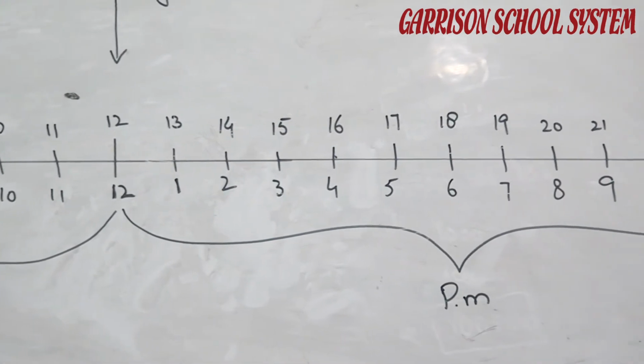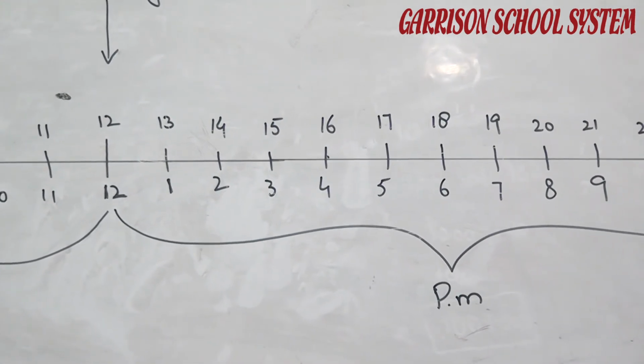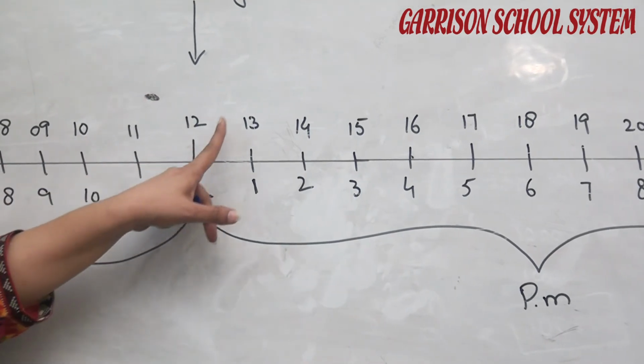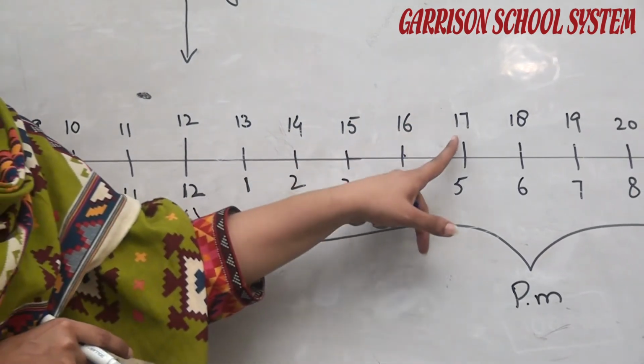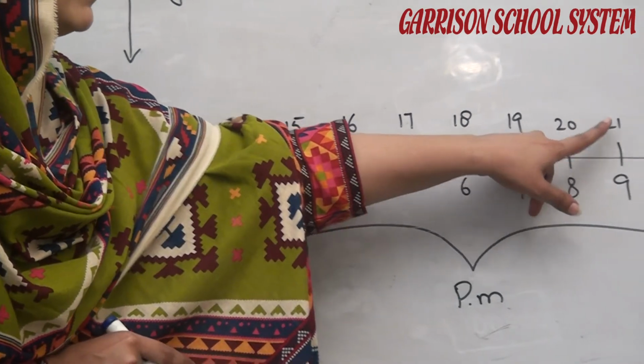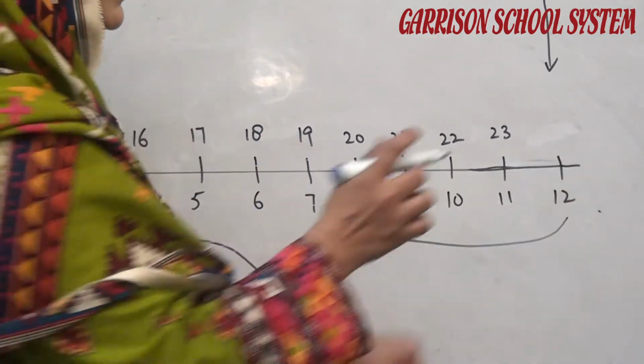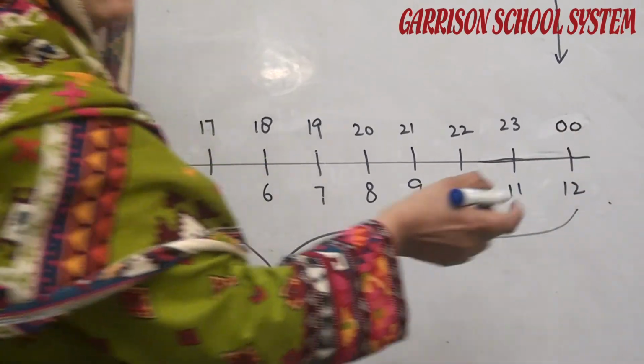But the 24-hour clock doesn't reset and continues 12, 13, 14, 15, 16, 17, 18, 19, 20, 21, 22, 23, and at 24 again it will be 00.